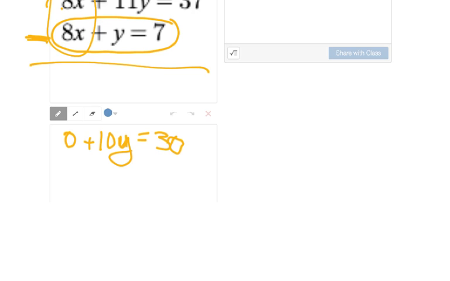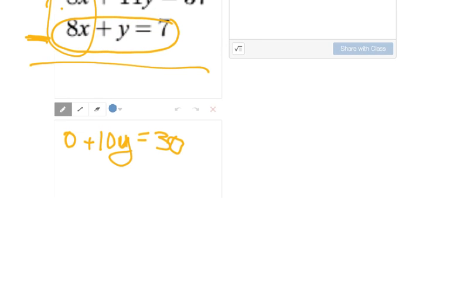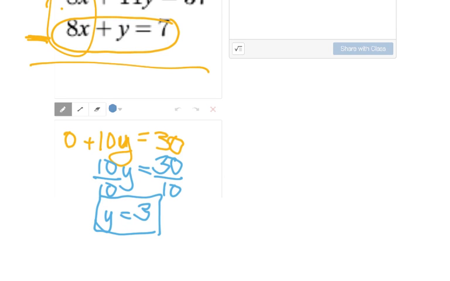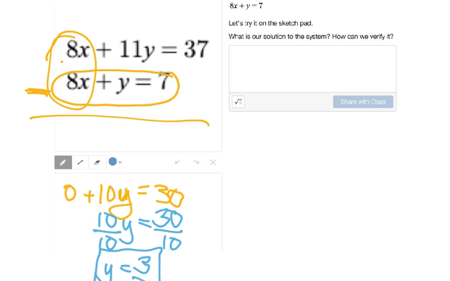Well, I know that 10y is equal to 30. Therefore, I can divide both sides by 10 and find out that y is equal to 3. So if y is equal to 3, can I figure out what x is? How can I verify it?